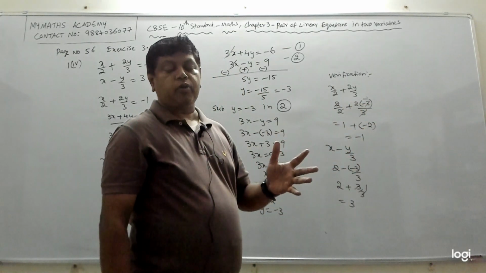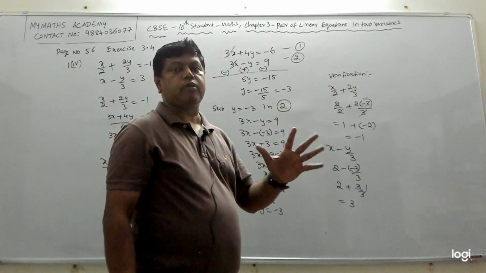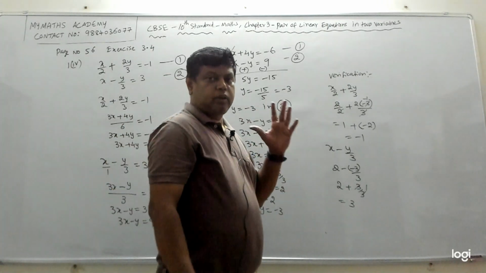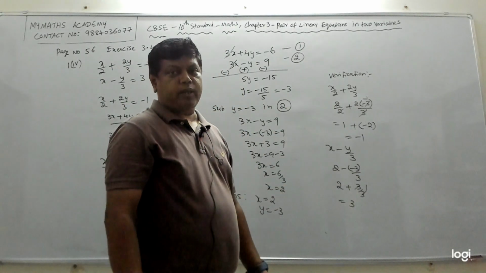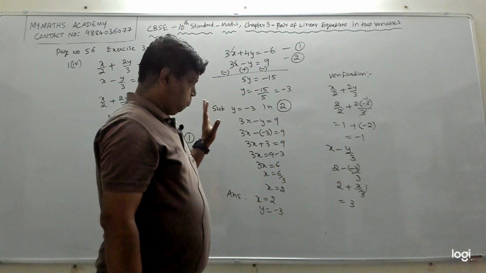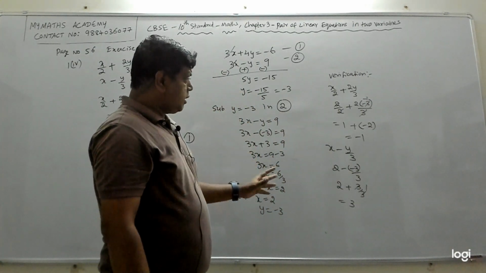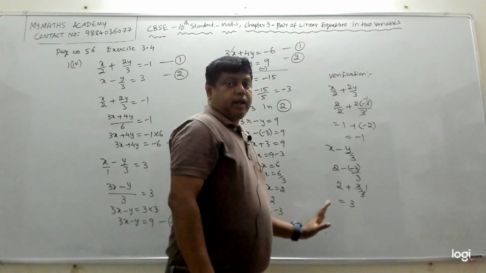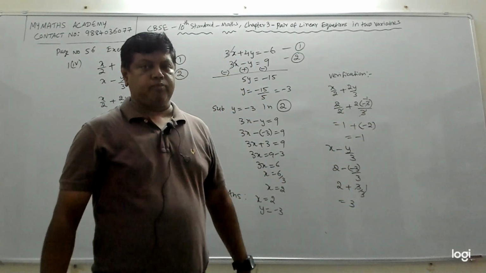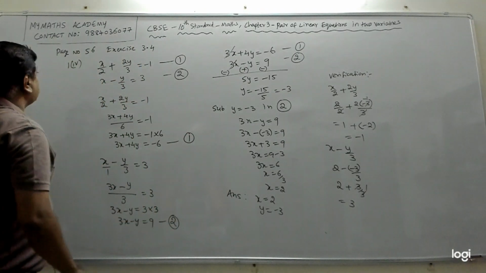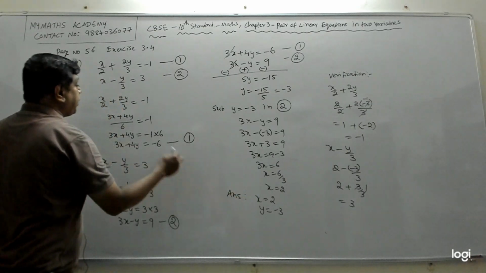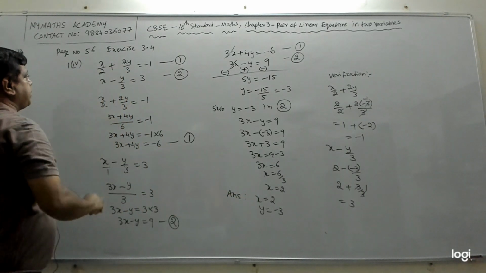After you complete the paper, if you are revising whether you have done everything properly and all the questions are answered, when you do a verification of your answer sheet before submitting it to the examiner, you can verify some of the problems using this and make sure that your answer is right. You can do it as rough work and check whether your answer is right. Fine? Okay. So here our answer is right, because x is equal to 2 and y equal to minus 3 satisfy both these equations.